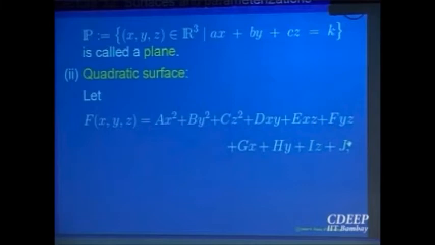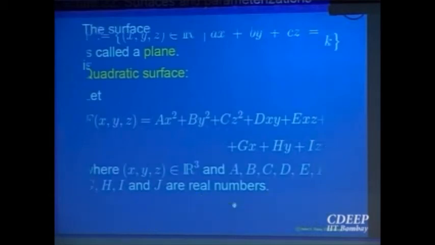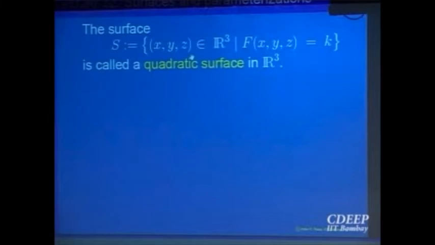That's why this is called a quadratic polynomial. And f(x, y, z) equal to a constant will give you a surface that is called a quadratic surface in R3. A level surface for this function is called a quadratic surface because the function is a quadratic function. They are all real numbers. So this second order equation is called a quadratic surface.